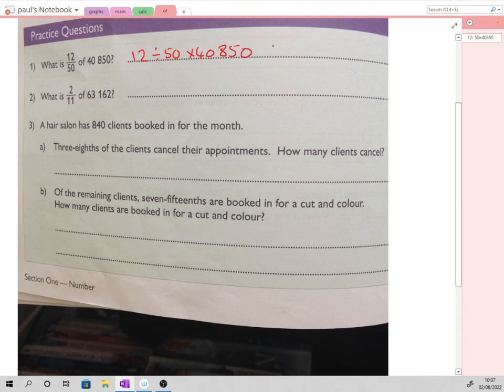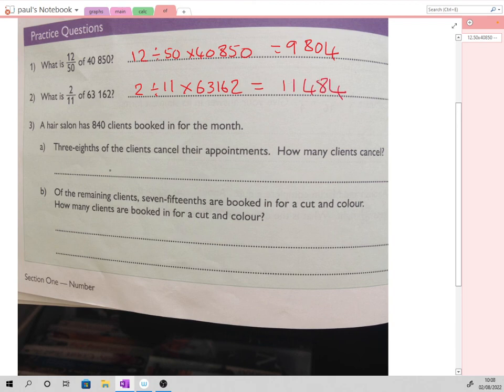And that equals 9804. Pause and have a go at these first. Yeah, 2 divided by 11 times 63,162. It's not difficult, this. It's not difficult once you remember the method. 2 divided by 11 times 63,162 is 11484.